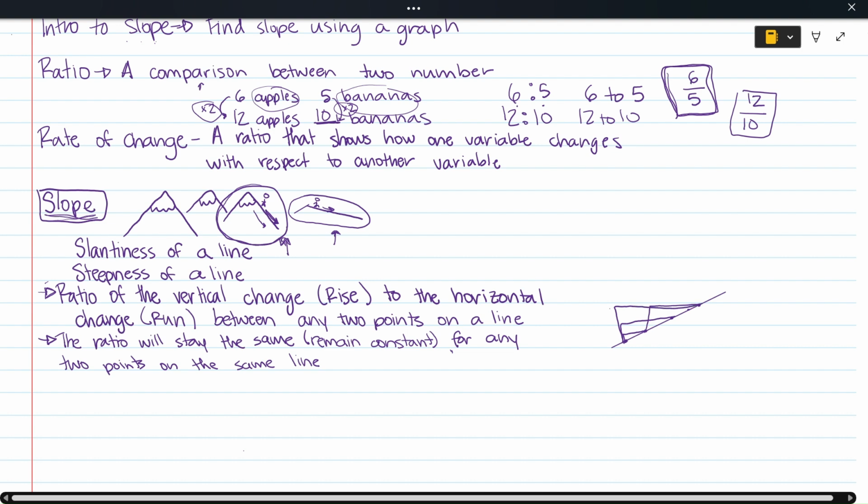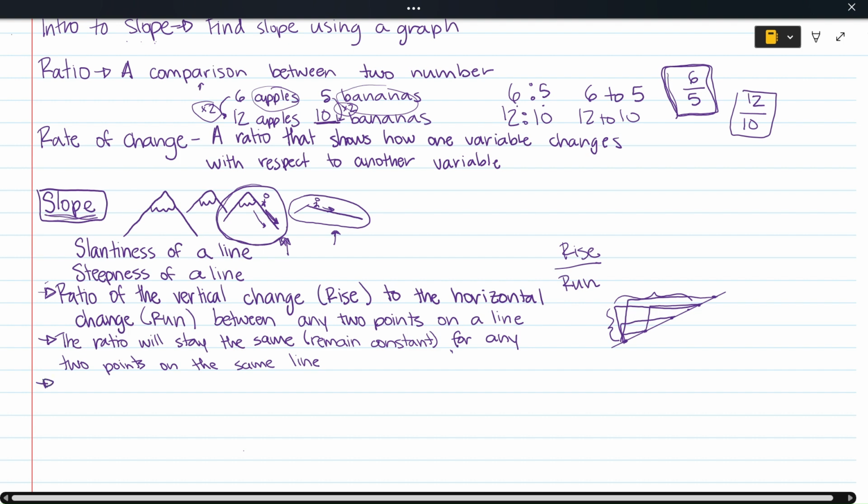And all that it means is that the ratio between the vertical space and the horizontal space, or the rise over the run, will always end up being equal no matter which points I choose to pick. That also might not make a ton of sense right now. Just stay with me. We'll do some examples and it'll make a little bit more sense.